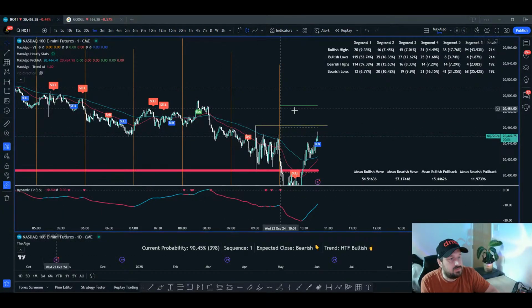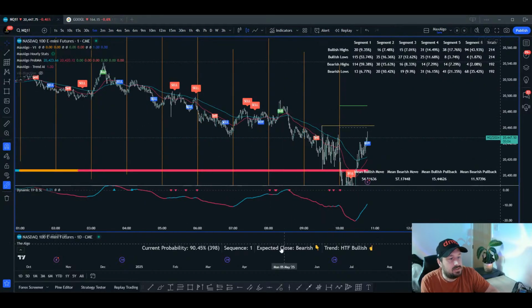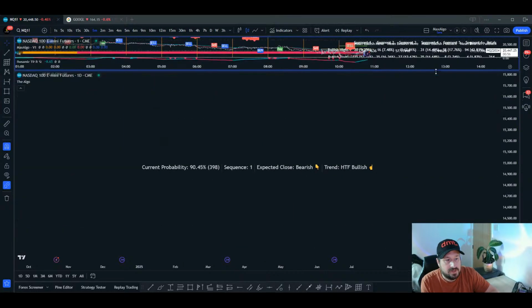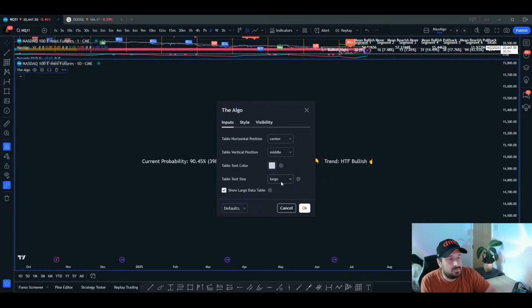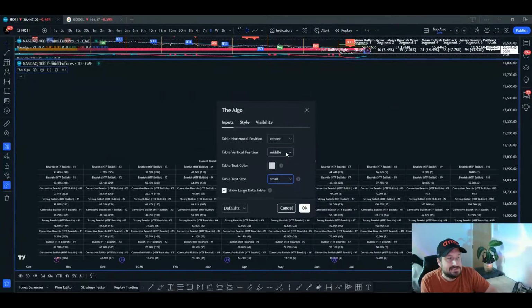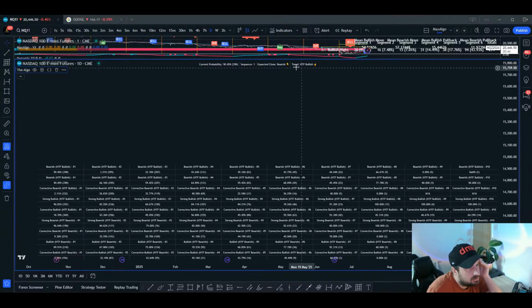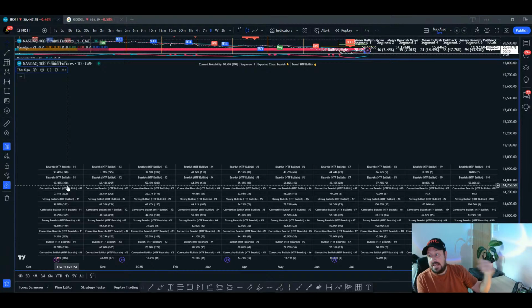So obviously if we close bearish today and everything aligns, then we know that potentially we're starting that bearish trend. So let's have a look at the data on that bearish trend for the daily. Okay, so we're high time frame bullish on a bearish. There's 398. So of the 398 bearish sequence 1s that we had, 295 transitioned into a bearish 2.